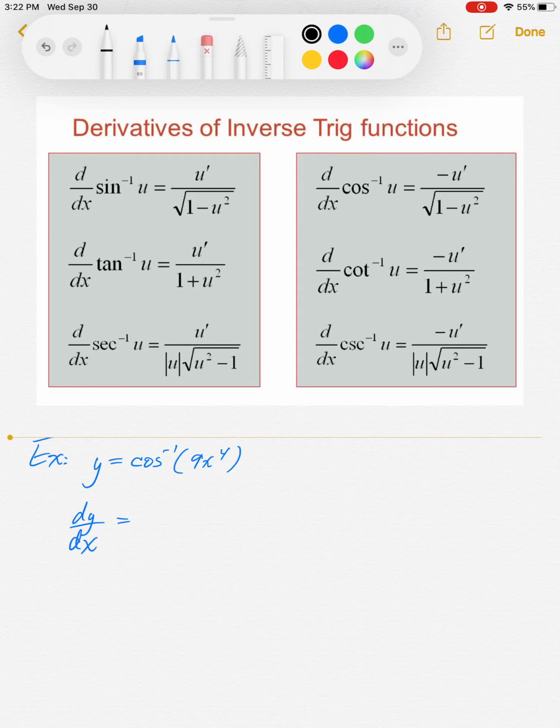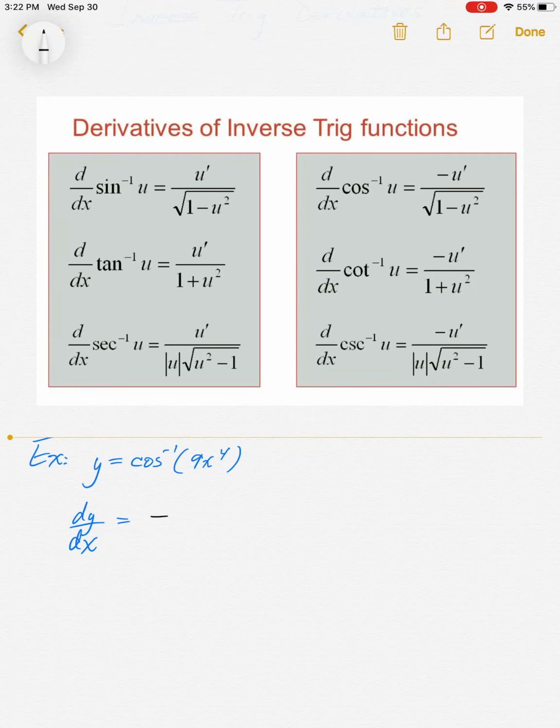the trig function of focus is the cosine inverse function, so I'm going to go to that second column, first unit, right there, and we have negative 1 over the square root of 1 minus 9x to the fourth squared, times, this is the u prime, the derivative of 9x to the fourth, which is 36x cubed.